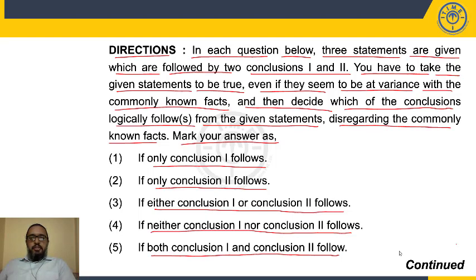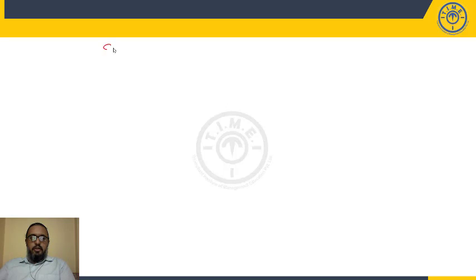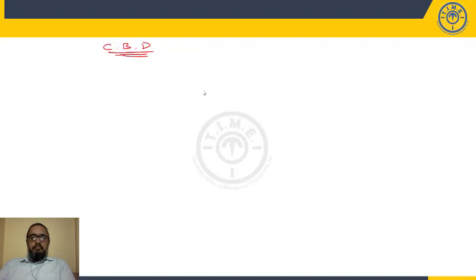Now let's look into the questions. So these are the statements and the conclusions. This is basically deductions, syllogisms. We are going to first draw the combined basic diagram for the given statements. Let's call it CBD, combined basic diagram. Now we have all media are summit.